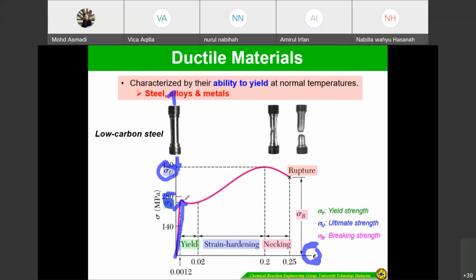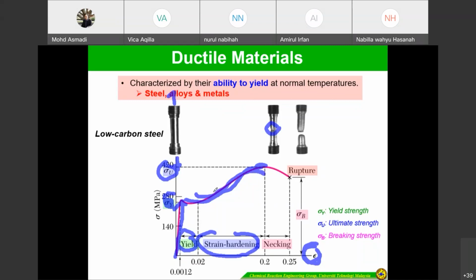the specimen undergoes what we call large deformations. This is the yield, and this one is strain hardening. We can see this is the maximum. There's a neck, like a neck shape, when we apply the loads. So there are these two typical ductile materials.